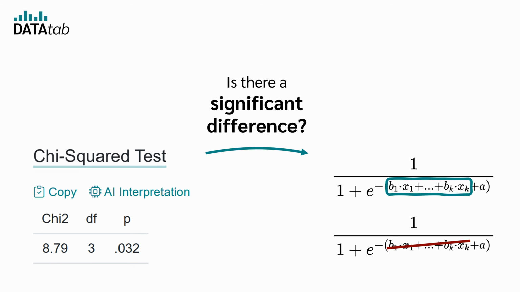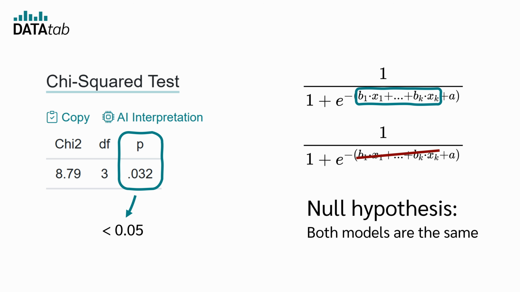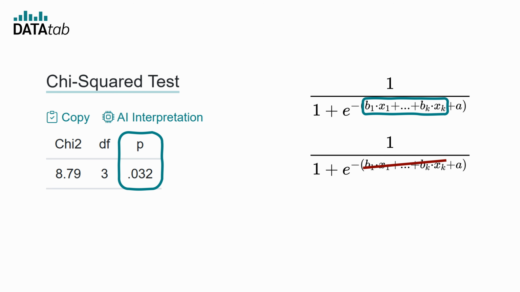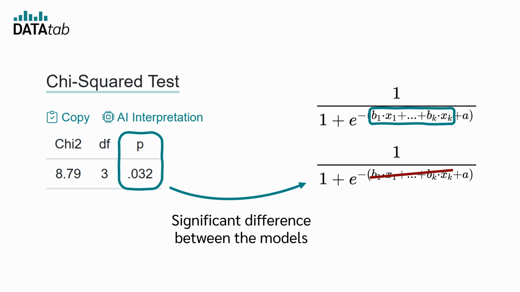The chi-square test now tells us if there is a significant difference between these two results. The null hypothesis is that both models are the same. If the p-value is less than 0.05, this null hypothesis is rejected. In our example, the p-value is less than 0.05 and we assume that there is a significant difference between the models. Thus, the model as a whole is significant.